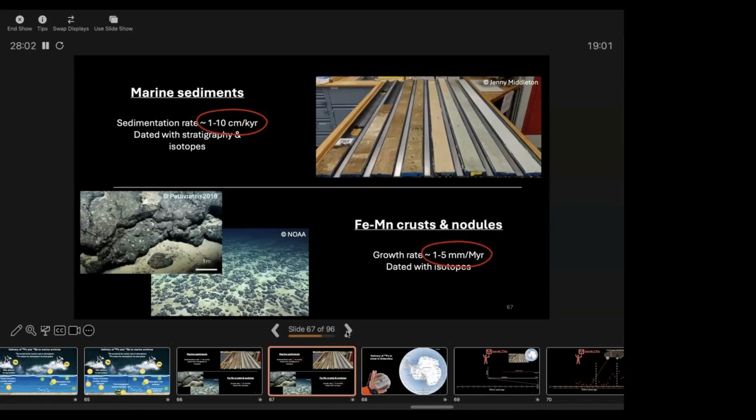So you wait 1,000 years, you will have 10 centimeters more mud. But instead, you have to wait 1 million years to have just 1 millimeter more rock. So the resolution in time is way different between the two of them. And this will be important later, or at least for some of the things that I will talk about.